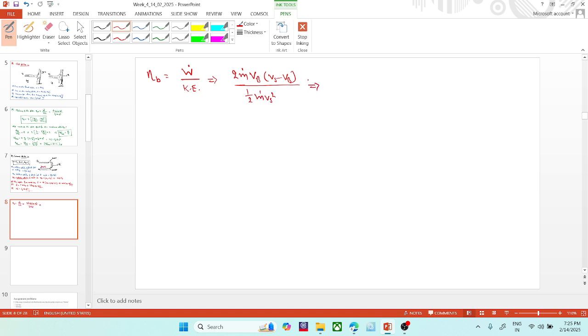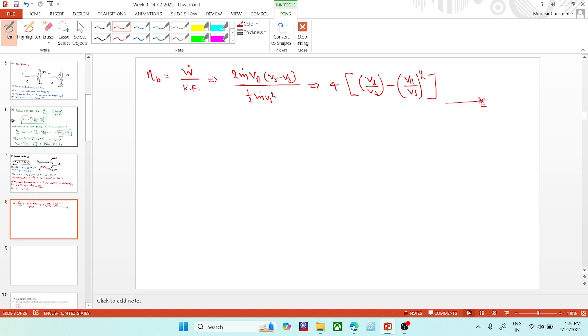When we simplify, this is 4 times Vb by Vs minus Vb by Vs whole square. So this is the expression for the blade efficiency.